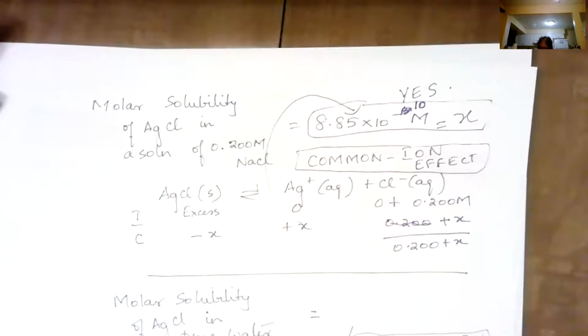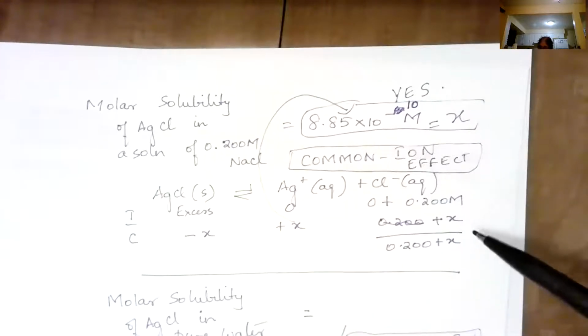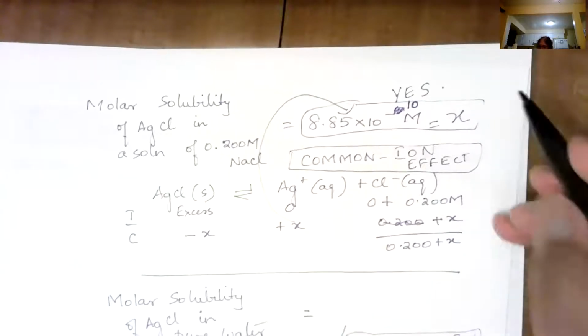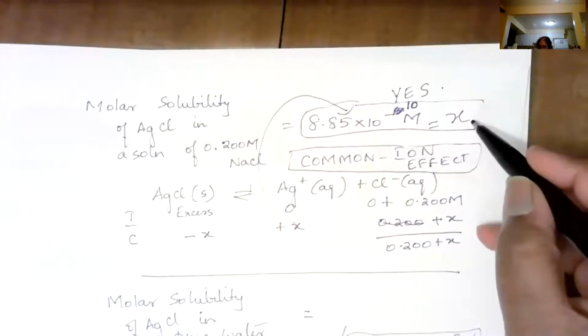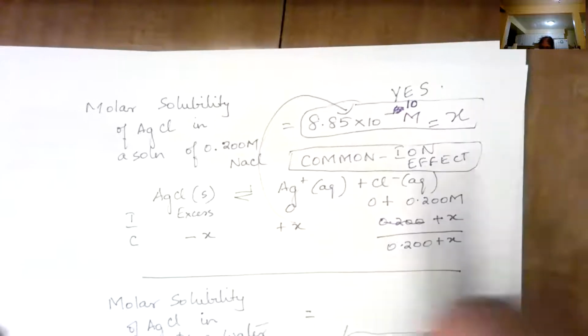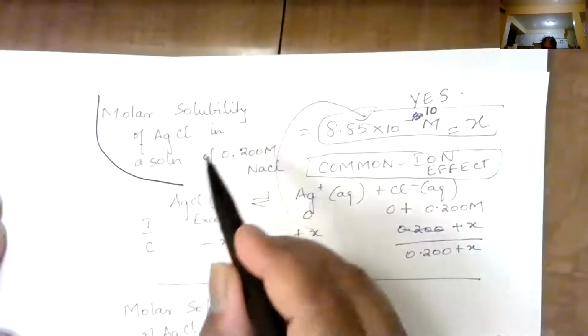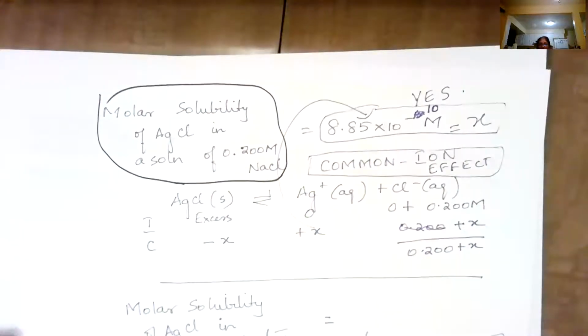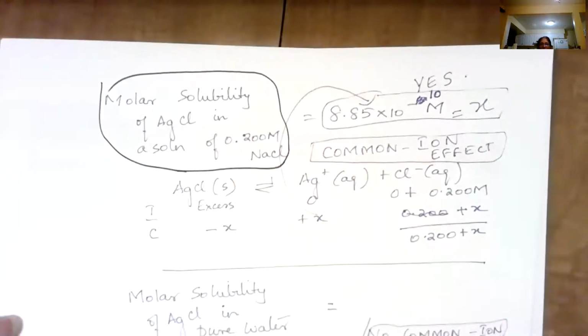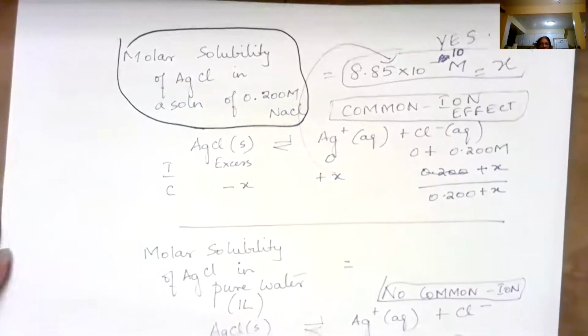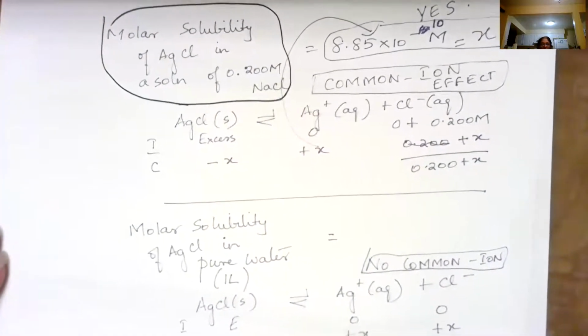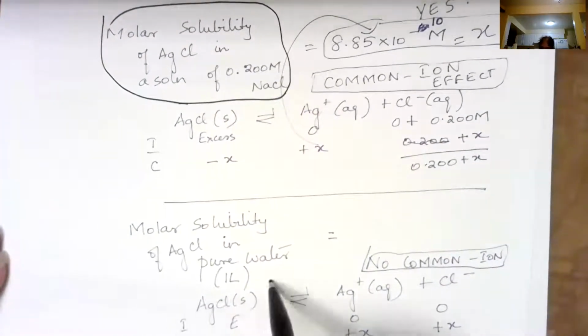So I'm showing you again how with the common ion effect, the value of X is 8.85 times 10 to the negative 10. This is the molar solubility of AgCl when you have a common ion. Next, I'm going to do a comparison here. What's the molar solubility of AgCl in just water?